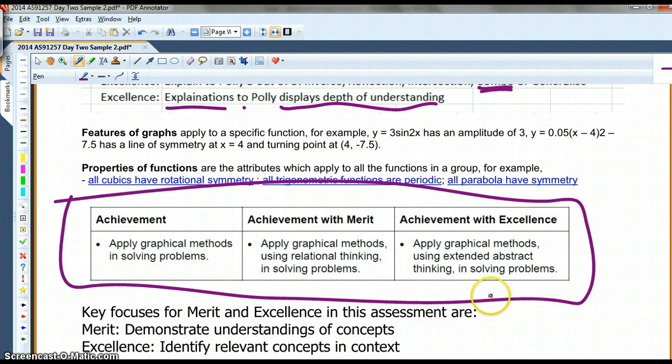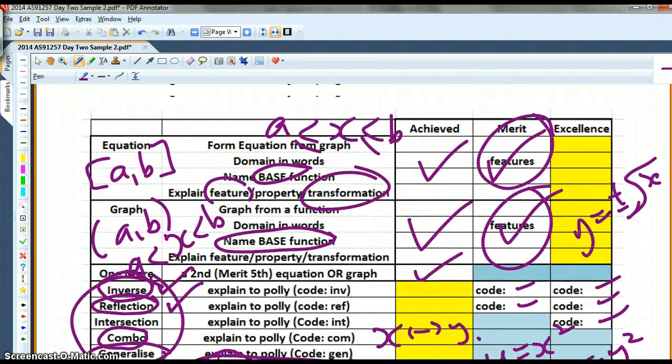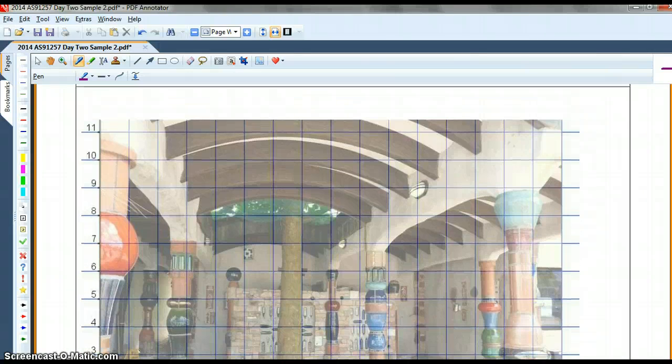Now the standard's massive. Our focus on this assessment is the understanding of concepts and identifying the concepts in context. So an example here was knowing about your transformations, but here actually using them.